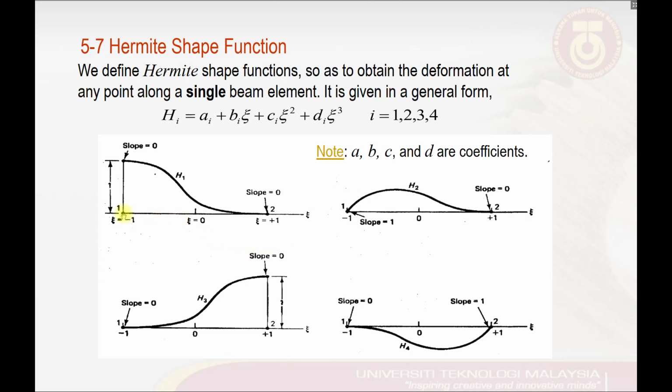If I consider this is my beam element, spanning from node number 1 to node number 2 in the top left figure here, then if we apply the Hermite shape function, we can obtain 4 h values, where hi is given by ai plus biz plus ciz square plus diz cube.